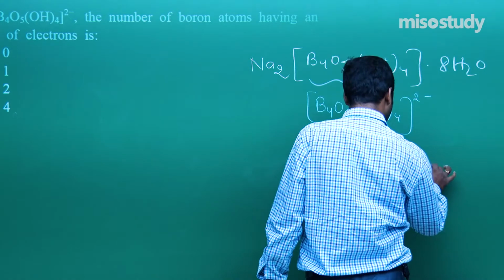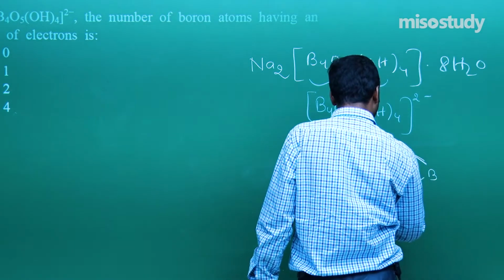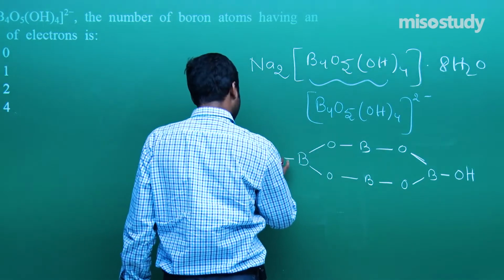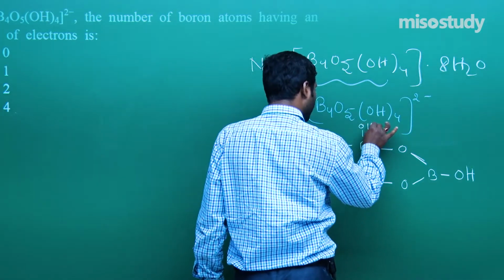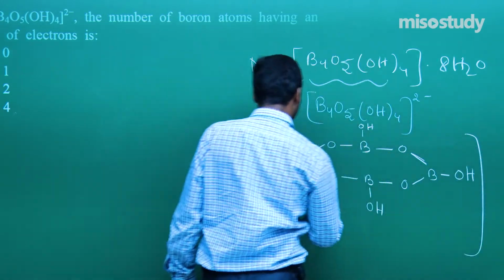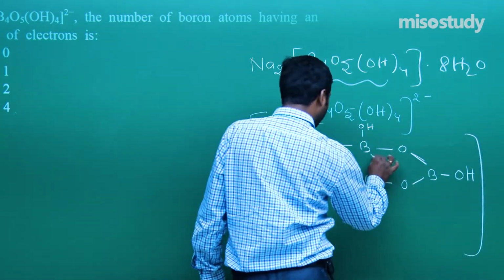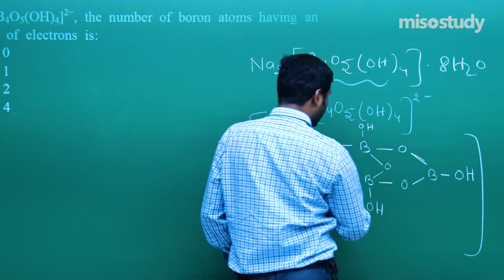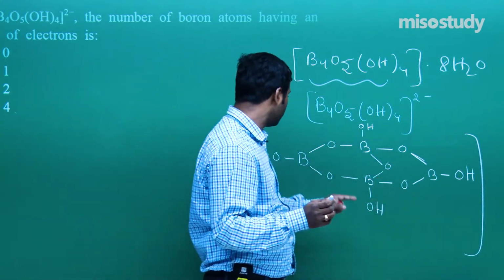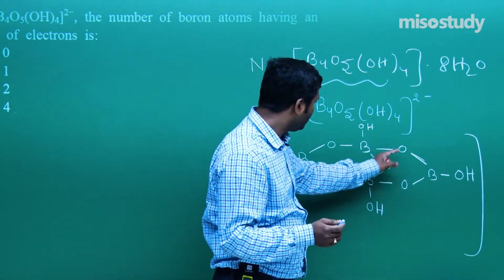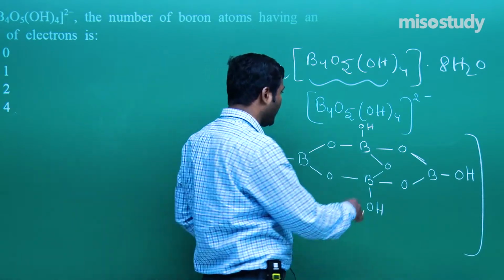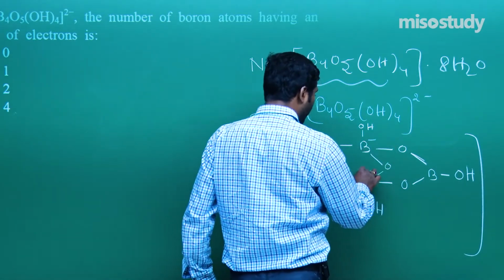Then B here, then O, then B here, put here OH, put here OH, put also here OH and put also here OH. Clear? Now one more thing I have to mention here. This one is O and this one is O. Check it out. B4: 1, 2, 3, 4. Oxygen: 1, 2, 3, 4, 5. B4O5(OH)4, O: 1, 2, 3, 4. 2 minus, you can put minus here, you can put minus.